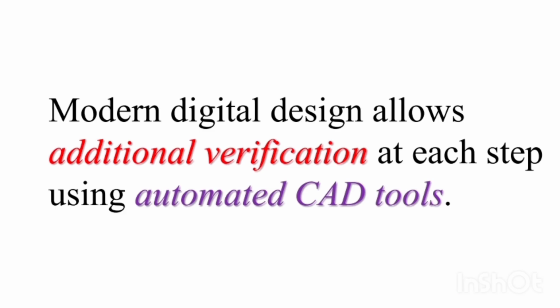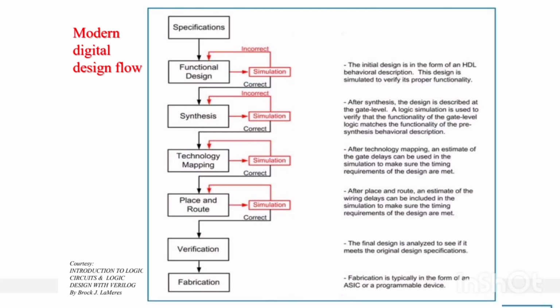In comparison with the classical digital design, the modern digital design allows additional verification at each stage using automated CAD tools. The modern digital design flow is shown over here now. The specifications as usual is the first step. After the specifications are finalized, then comes the functional design, and here compared to the classical flow, we have a verification also.